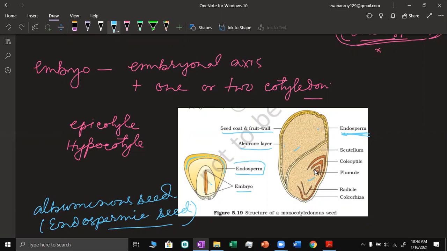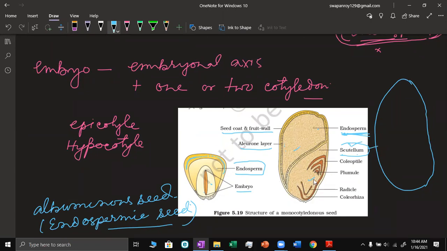Naturally it is lateral in position, on one side, and it is like a shield, slightly concave, a convexo-concave, saucer plate-like structure. This cotyledon is called the scutellum. So a special name has been given to the cotyledon, that is the scutellum.